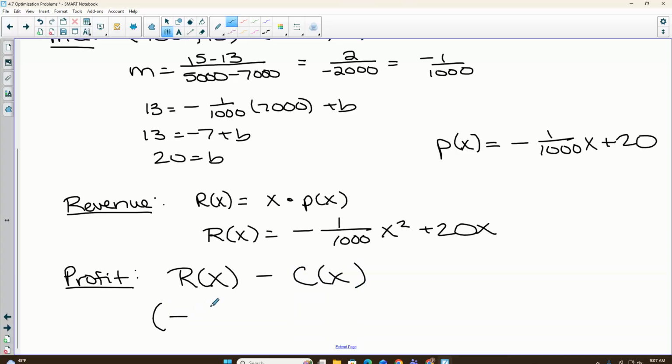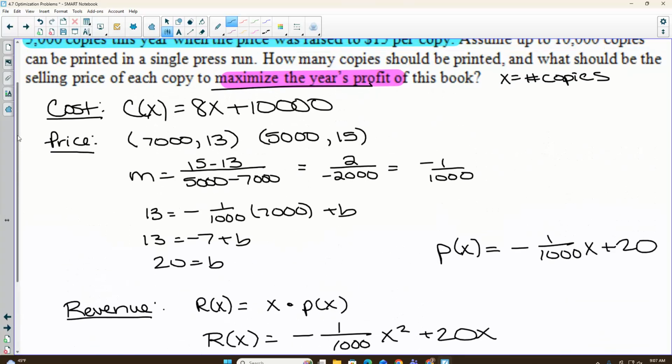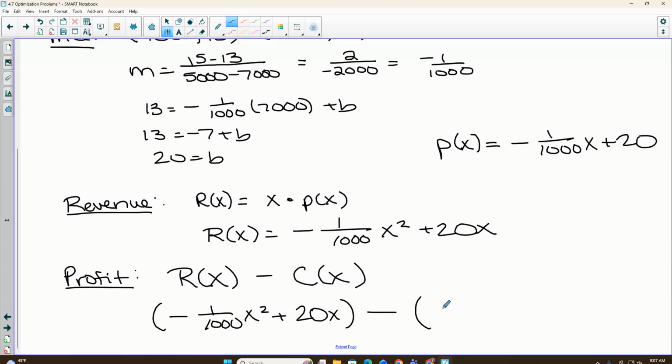My revenue, 1 over 1,000x squared plus 20x, minus my cost, which we had at the very beginning, 8x plus 10,000.